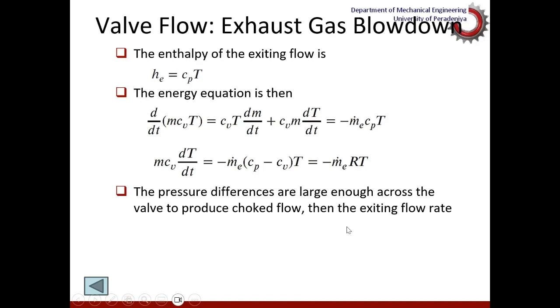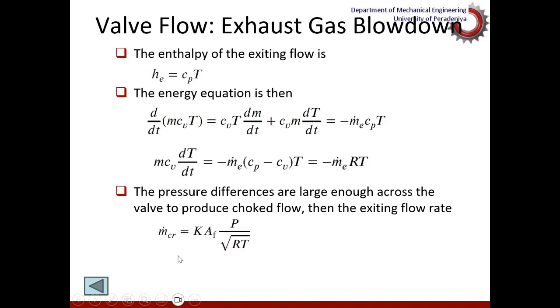Now this gas blowdown takes place when the cylinder pressure is quite high, before it reaches the bottom dead center. Therefore, the flow is usually choked, because the pressure ratio is greater than 1.86. Accordingly, to find the mass flow rate, m dot e, we could consider the flow through orifices under choked conditions.